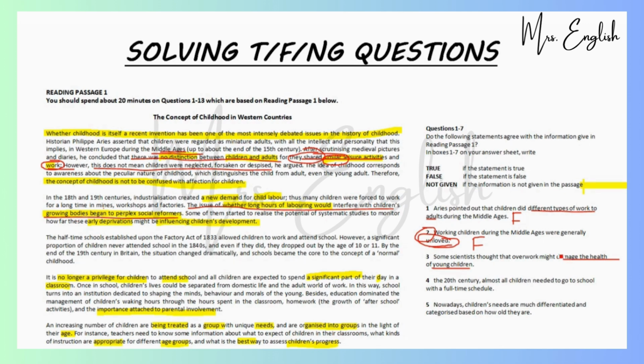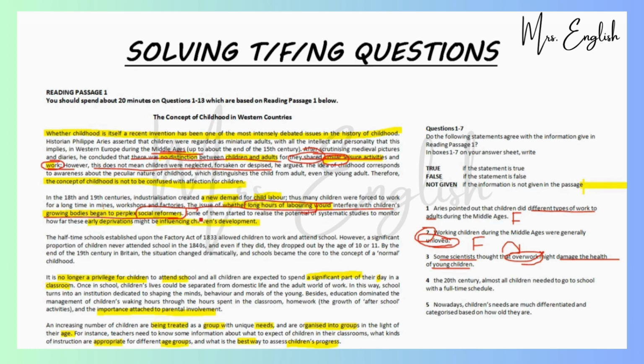And overwork is also mentioned as something else. Here it says long hours of laboring. This is stated as overwork. And they mention social reformers here. And this part, they said scientists.